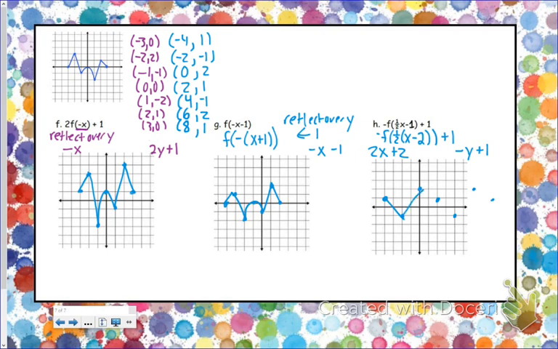And I'm realizing I made a mistake on one of my points. Back over here, if I make that negative, so that becomes positive 2 plus 1, that's going to be at (4, 3). That's going to make this look right. There we go.